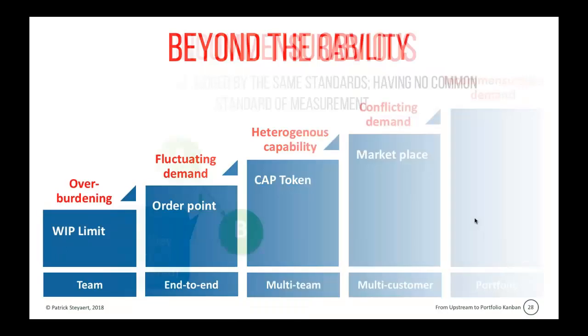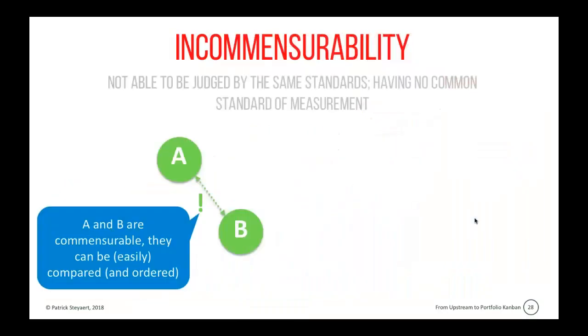So again, if you go back to the original thinking on the portfolio level, most of the time the original thinking is we need to compare different demands with each other in order to be able to prioritize and to select. Now, the truth of the matter is that not all demand can be compared by the same standards.